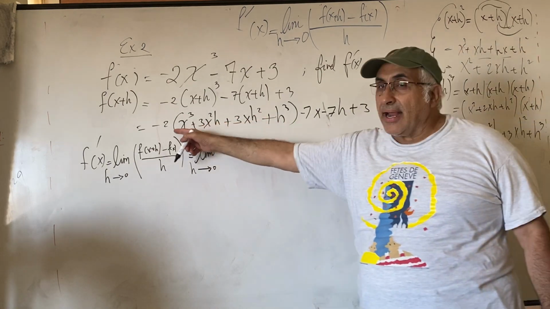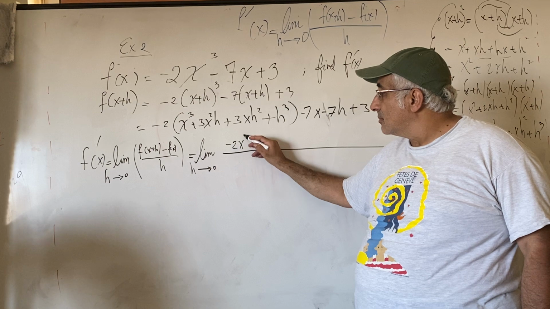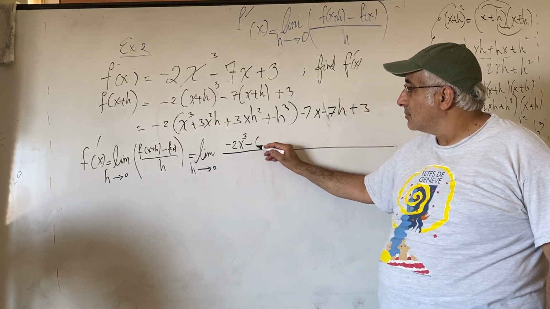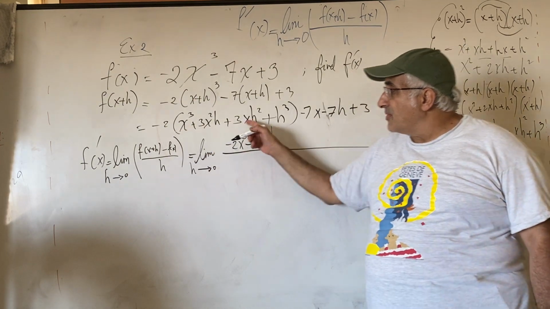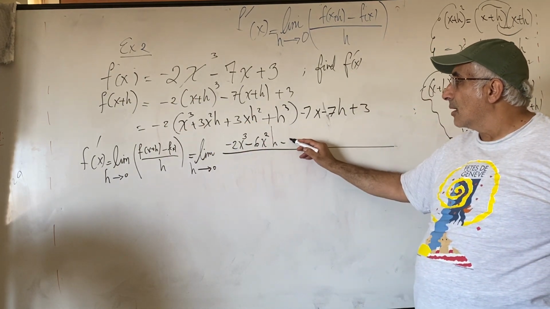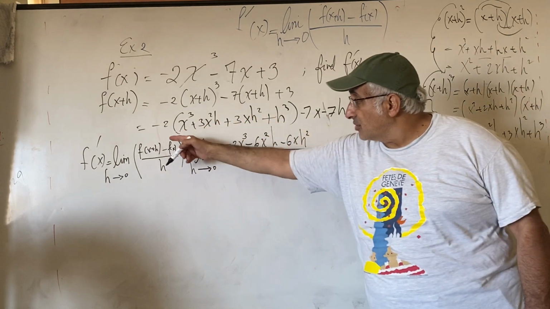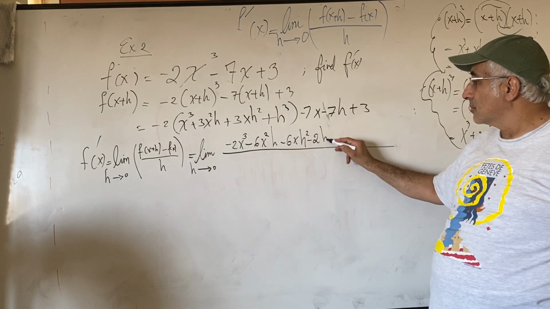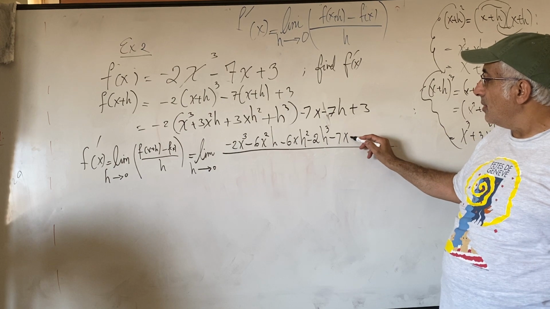Let's expand the bracket and put it here. 2 times x cubed, minus 2 times 3x squared h, minus 2 times 3xh squared, minus 2 times h cubed, and continue by copying that one.